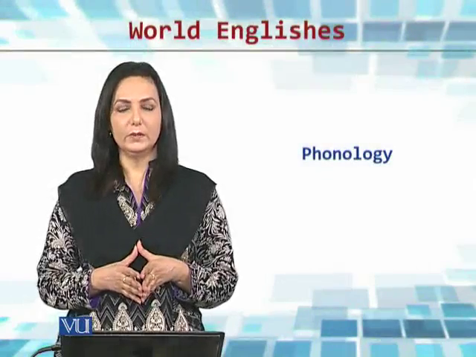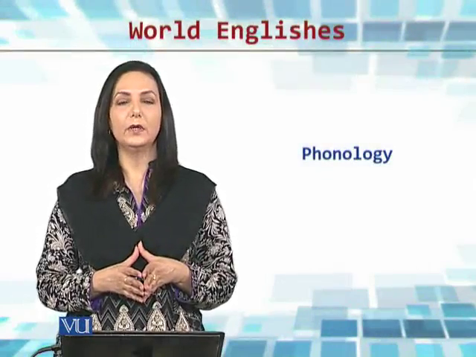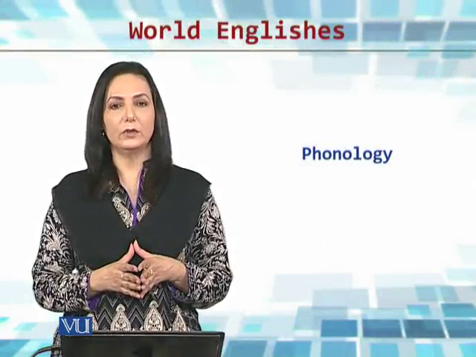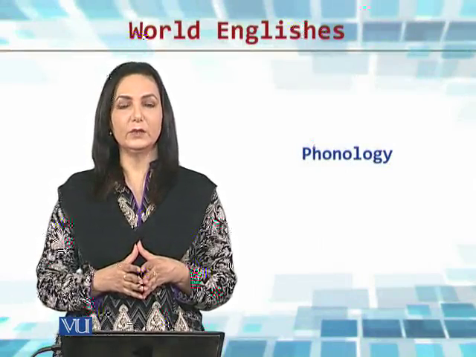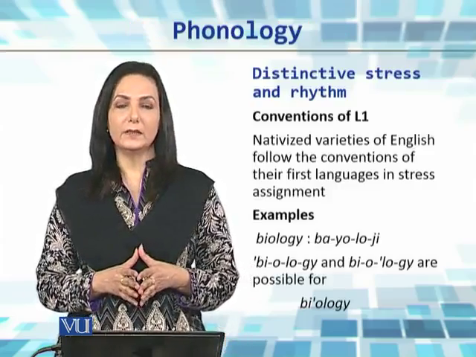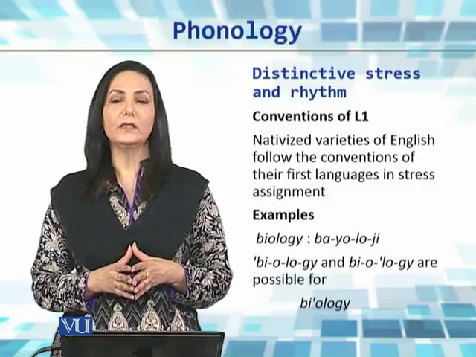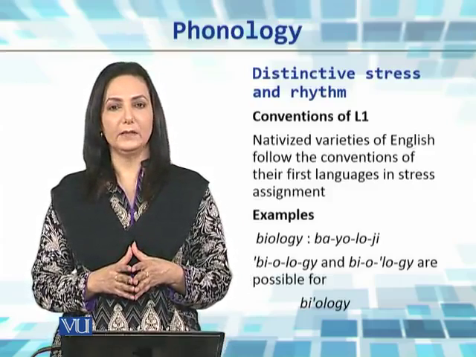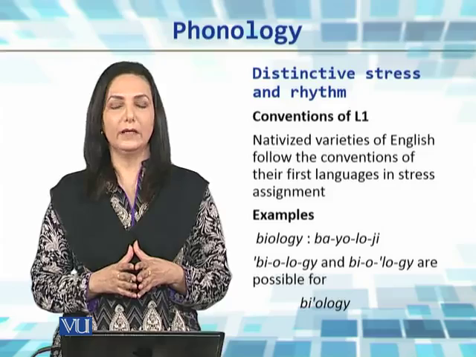In this unit, we'll take a look at some more differences in phonology between inner circle varieties of English and the outer circle varieties of English. The outer circle varieties of English show a distinctive stress and rhythm pattern in their use of English.